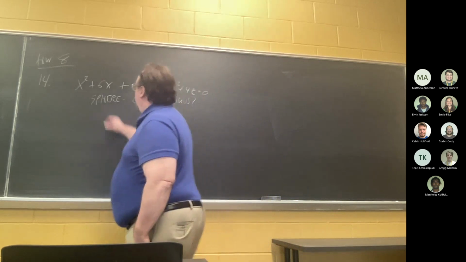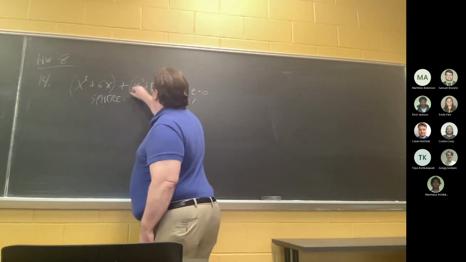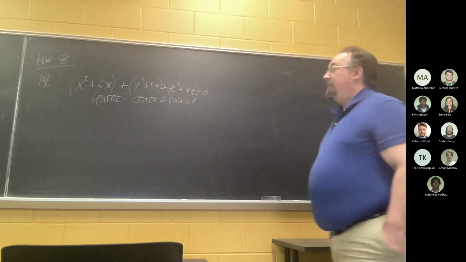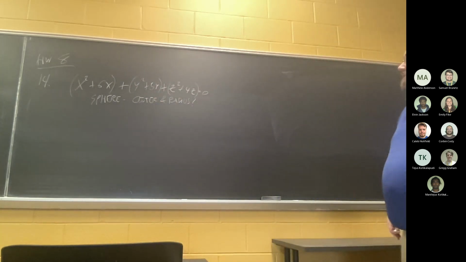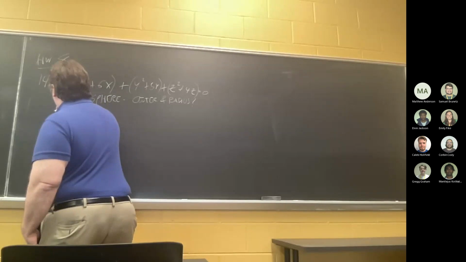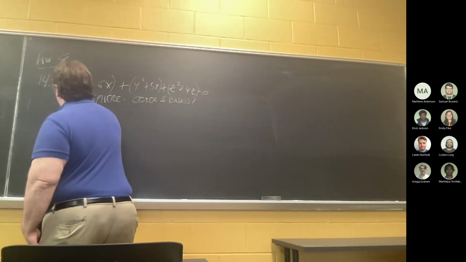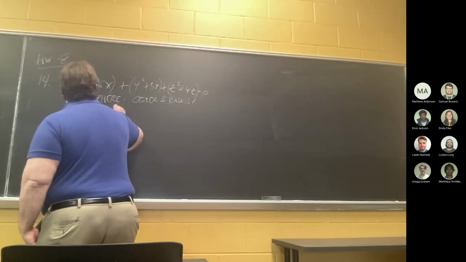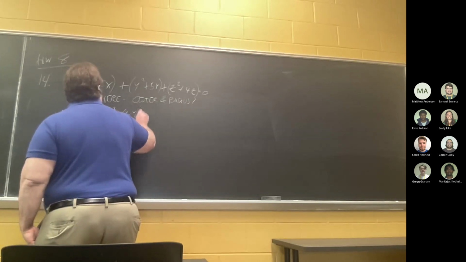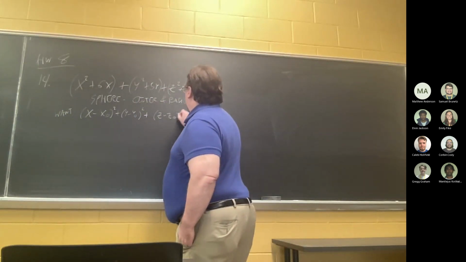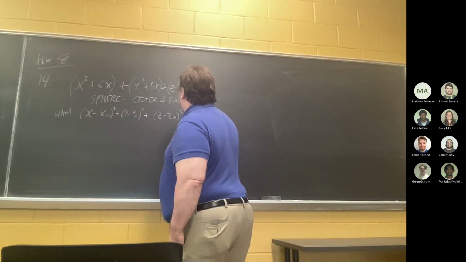Now, what we do is group the x terms, y terms, and z terms together, and on each one we're going to complete the square. To have the equation in a form where you can easily see the center and radius, we want it in this form: x minus x naught squared plus y minus y naught squared plus z minus z naught squared is equal to r squared.